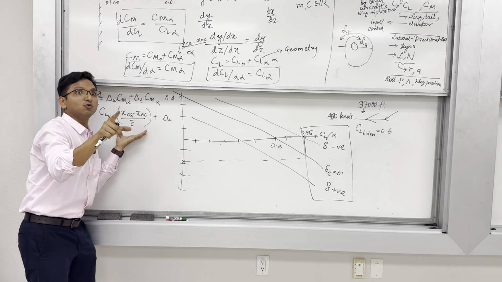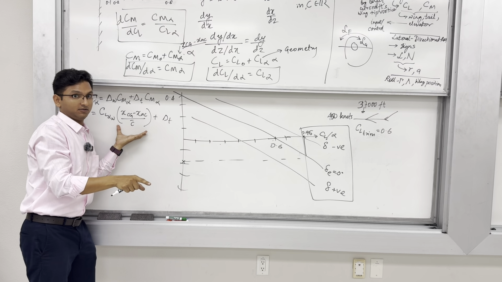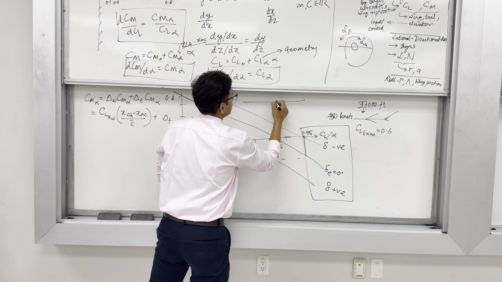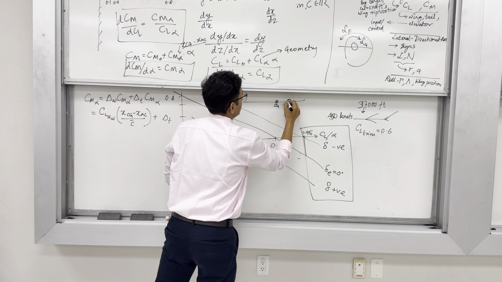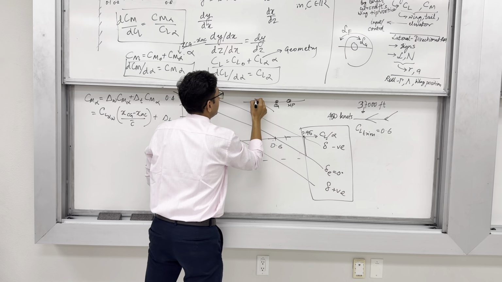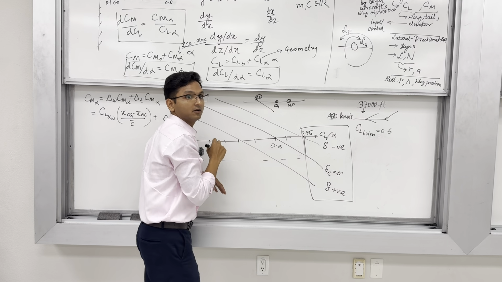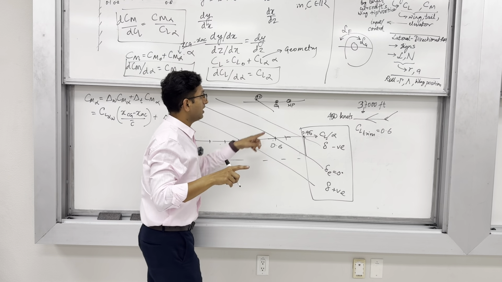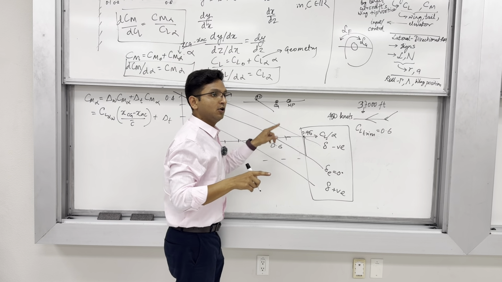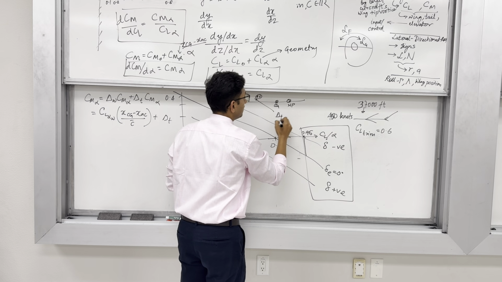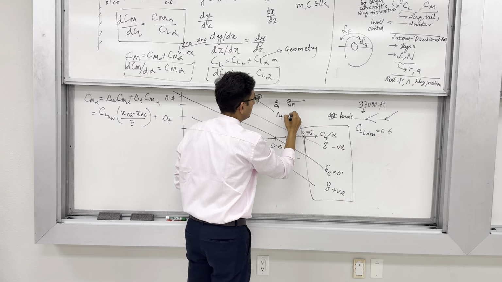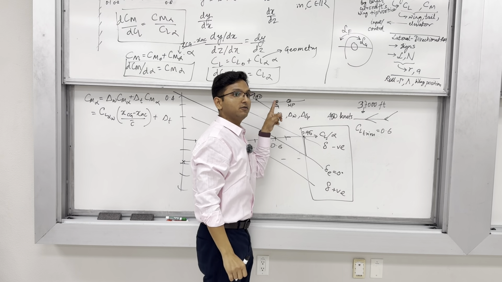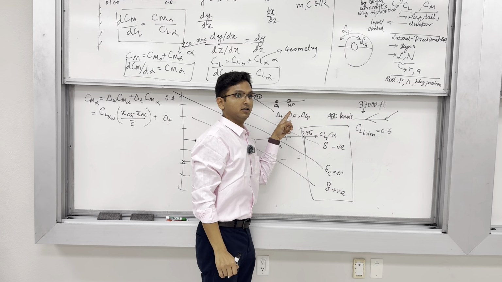Now if I wrote my moment about the neutral point, remember that let us say this is the CG, this is the neutral point, and this is the aerodynamic center of the wing, okay. When I write down the moment for the entire aircraft, I am always writing about CG. So all these contributions that you have studied, contribution of the tail, contribution of the wing, contribution of the delta, these are all with respect to CG, okay.